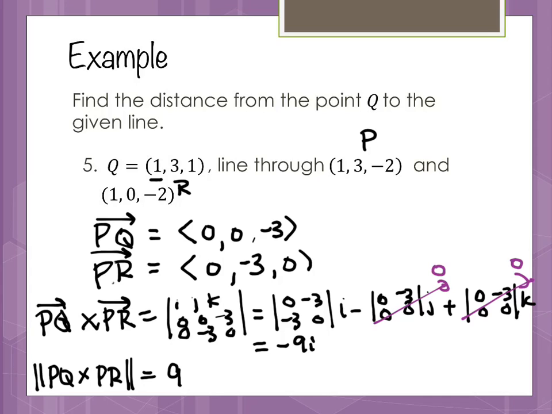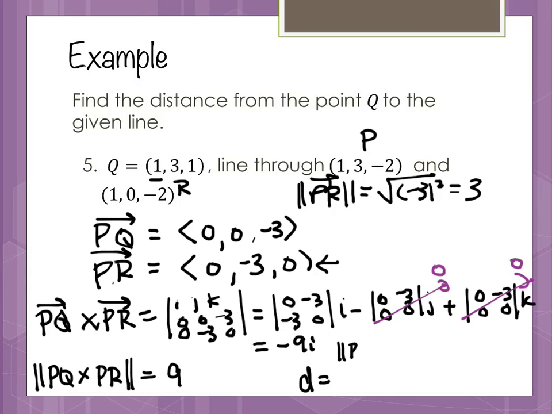Now, the other piece that we needed to do is PR's magnitude. So the magnitude of PR itself, well, PR is down here, and so its magnitude would be the square root of negative 3 squared, if you wanted to write it out, or you could just recognize that it's also 3 because it's only negative 3i, so it's 3, which means that when we find the distance, it is the magnitude of PQ cross PR divided by the magnitude of PR.